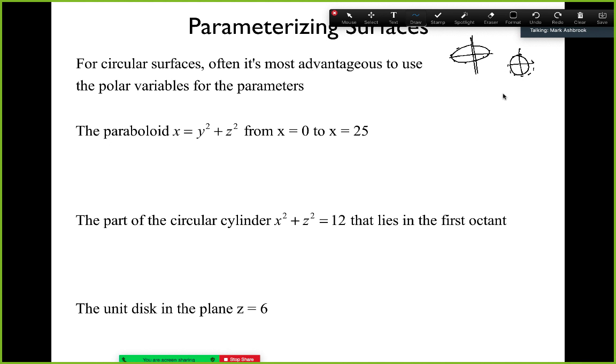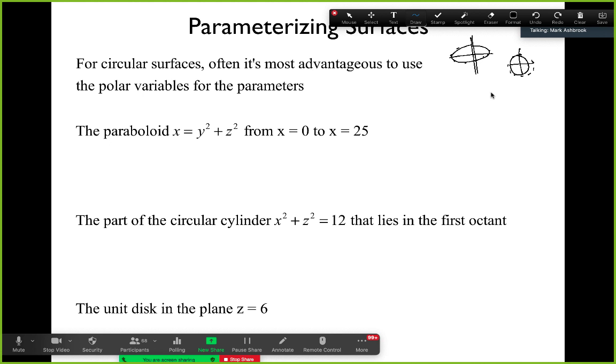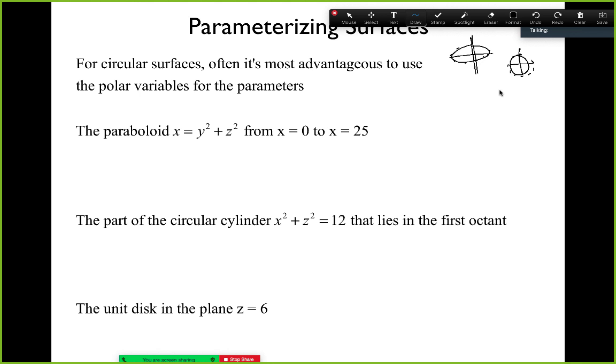T. What does that t represent? Theta. Right, theta. So with circular surfaces, we're going to use theta as one of them. Let's do this first example and see what else we're going to need here.